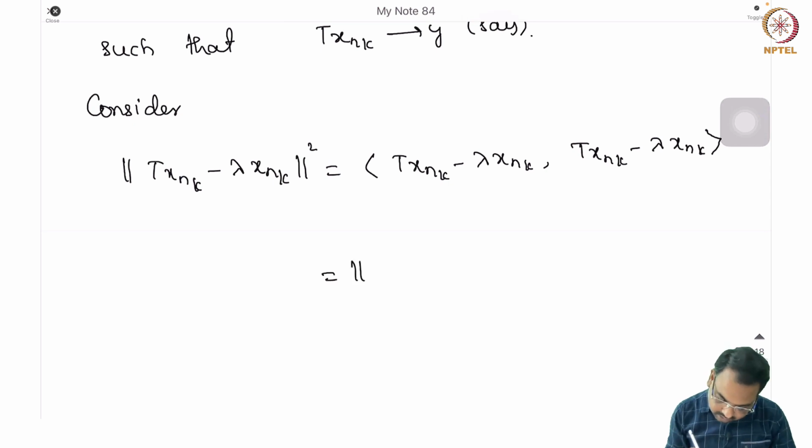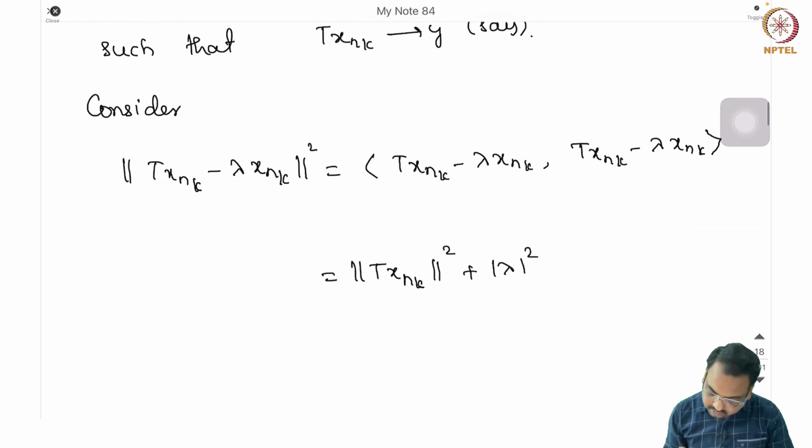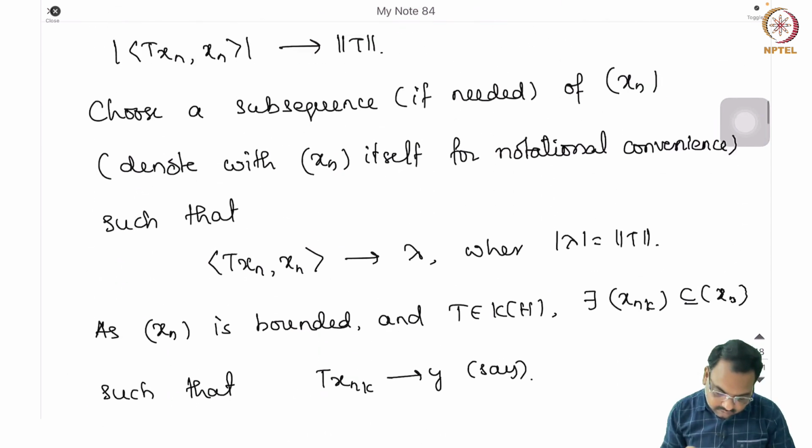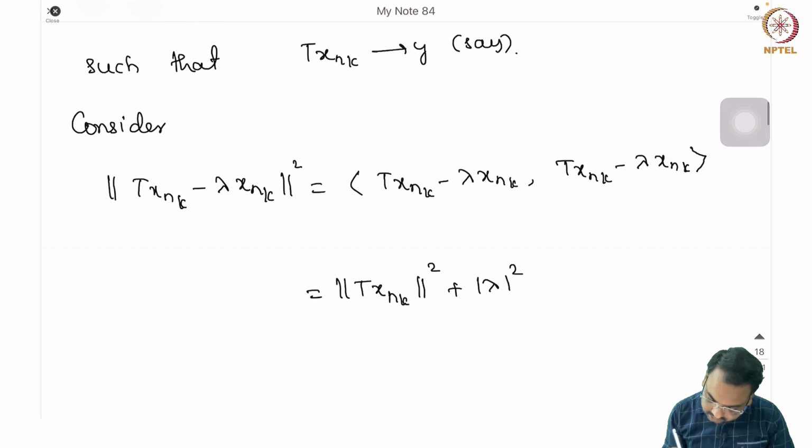This is norm T xnk square plus mod lambda square, because xnk is from the unit sphere, minus 2 real part of lambda inner product T xnk with xnk.